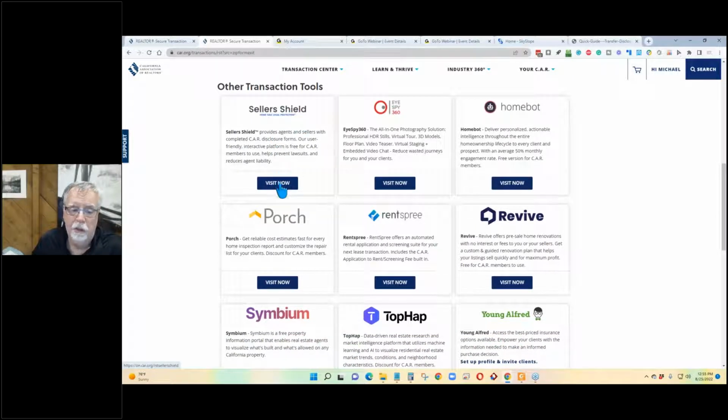And in Seller's Shield, we used to use a program called Glide. And I actually do know there are a few associations that still use Glide. The reason that most don't, including the CAR, is that Compass bought Glide.